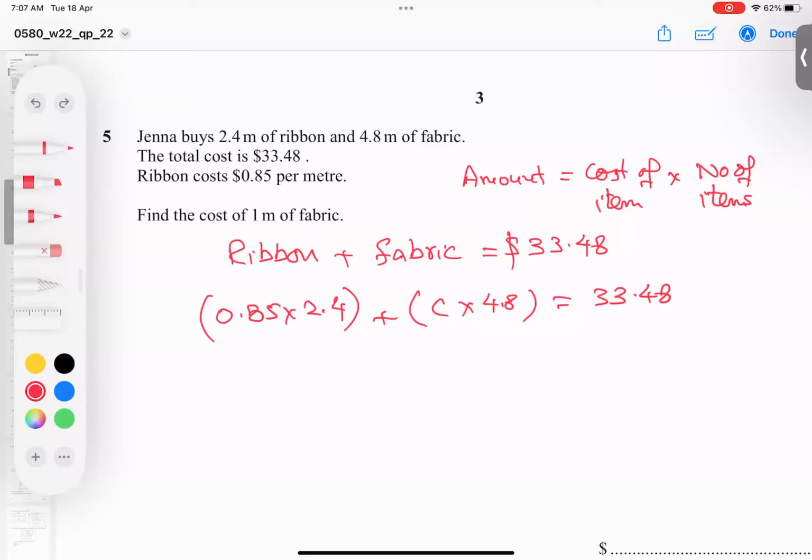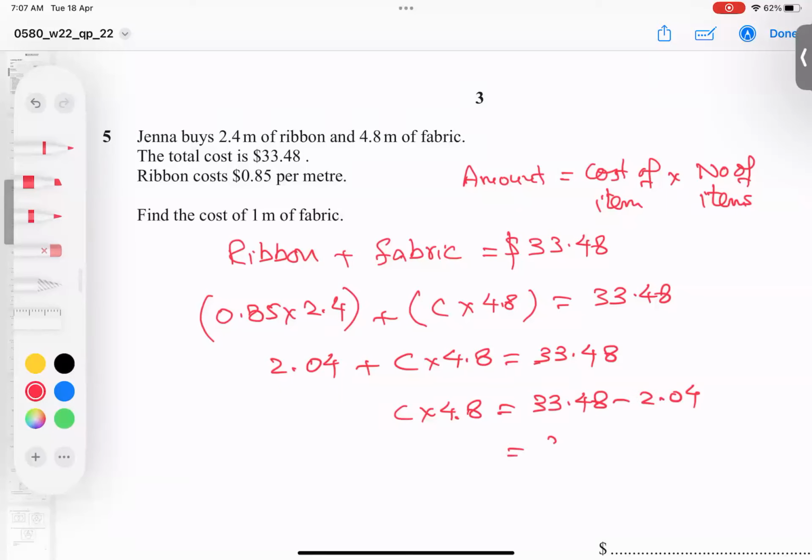0.85 times 2.4, I get 2.04. And C times 4.8 remains as it is, equal to 33.48. And then this value will go there. So it means 33.48 minus this answer. So it is coming here, C times 4.8 equals 33.48 minus 2.04.